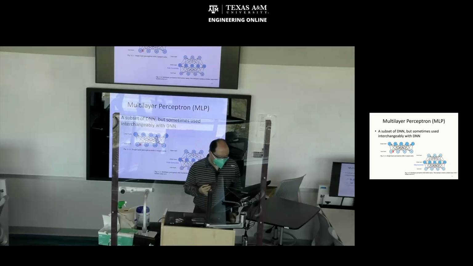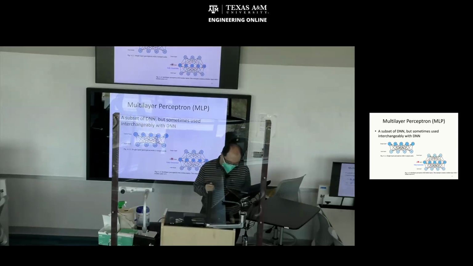And we can add one hidden layer between the input and output layer, like this H. And you can determine the width, or the number of neurons, in the hidden layer.